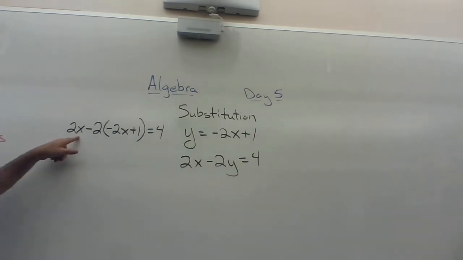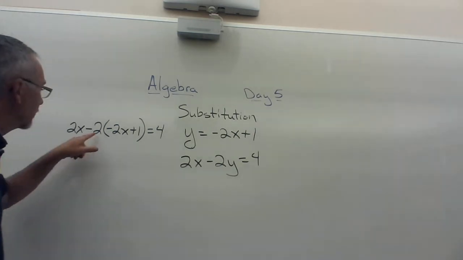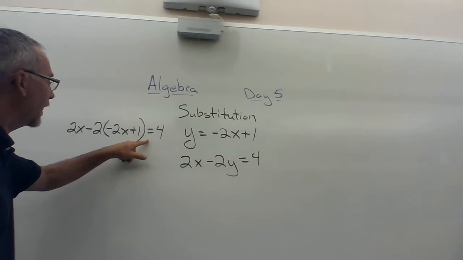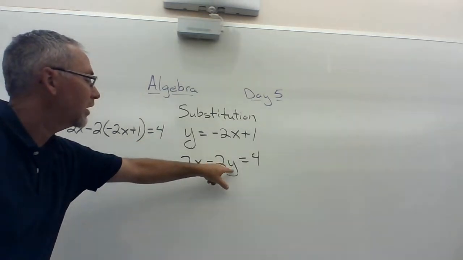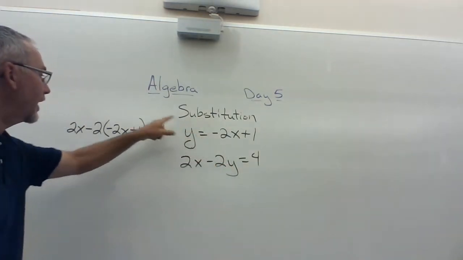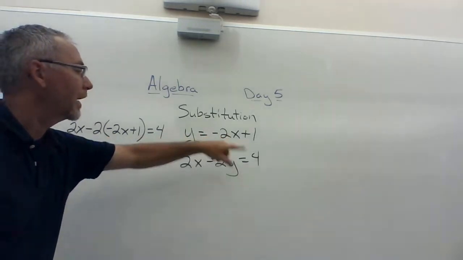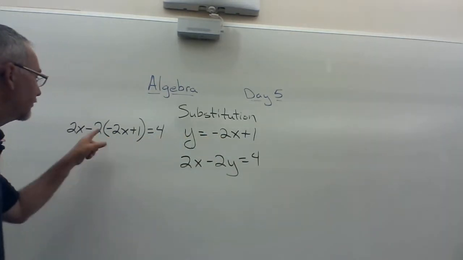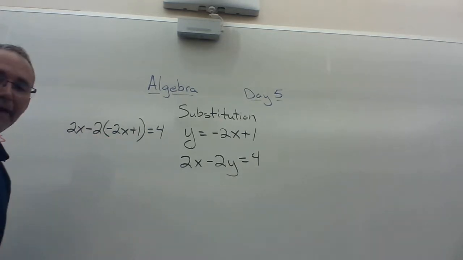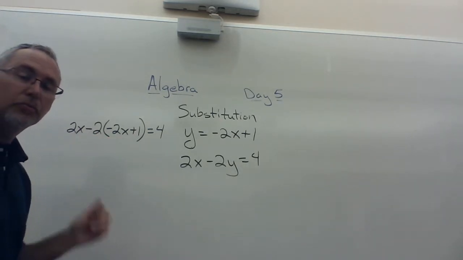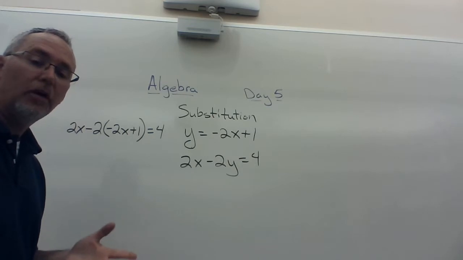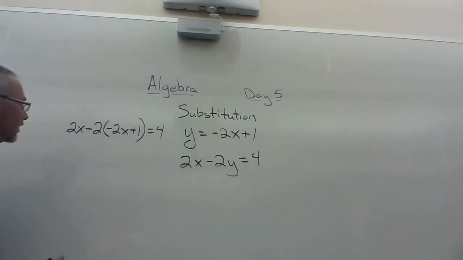And if you notice, I have this equation, looks an awful lot like this equation, except for when I have a y, now I have substituted in what this equation says y is equal to. If you notice, I now have only one variable, which is really what I want to get to because I can solve an equation with one variable easily.